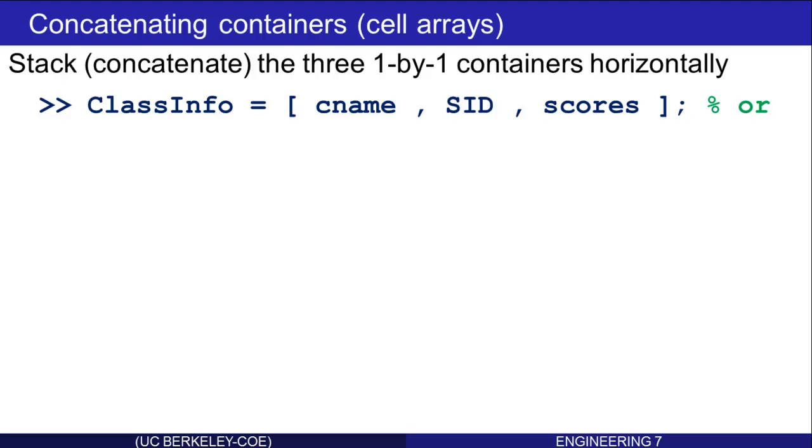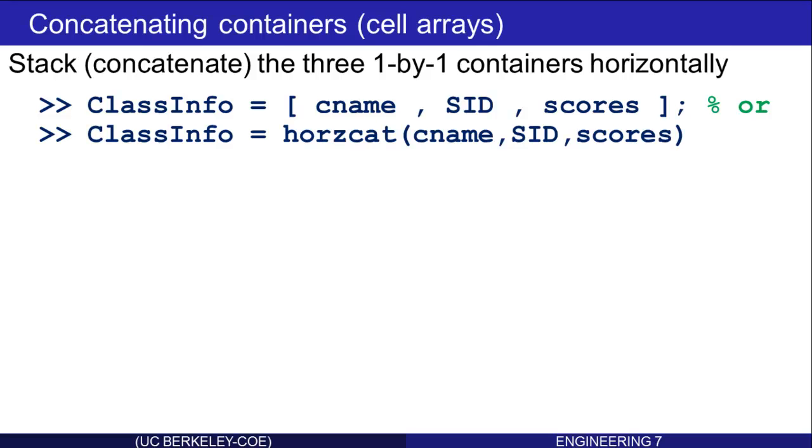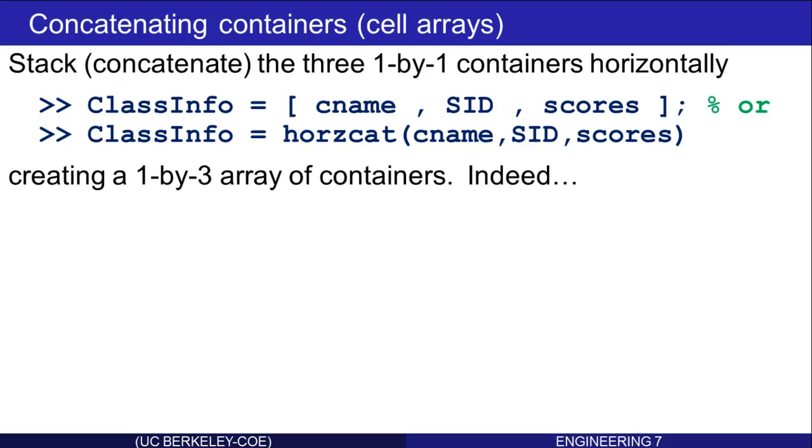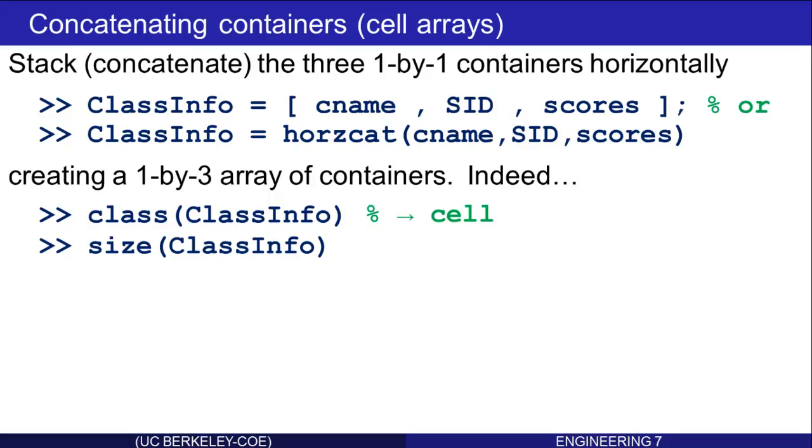I've used the square bracket syntax. I could have also used the horzcat command. And what that does is it creates a 1x3 array of containers. Indeed, class of ClassInfo is cell, and the size of ClassInfo is 1x3.